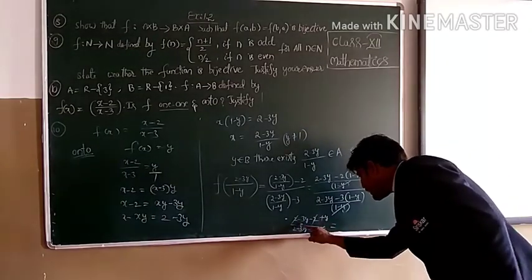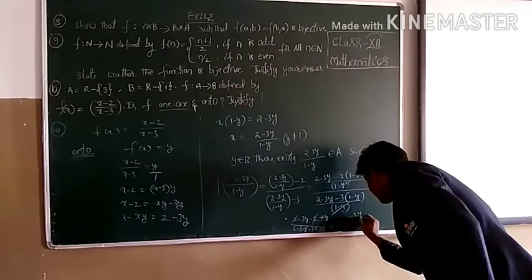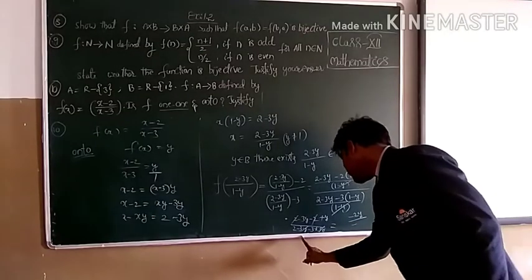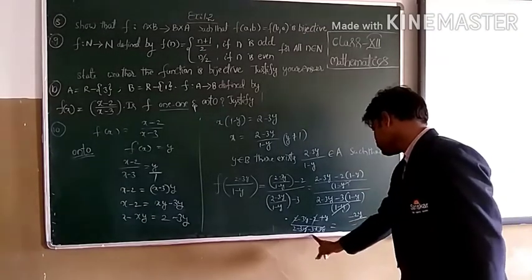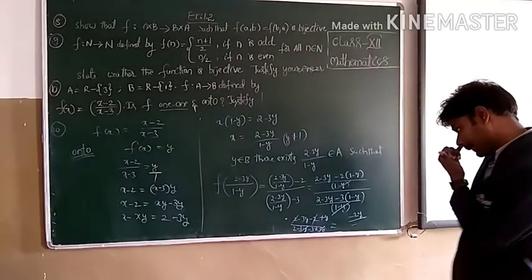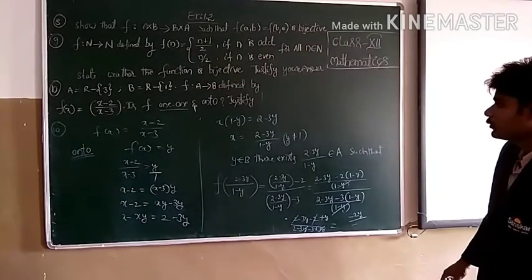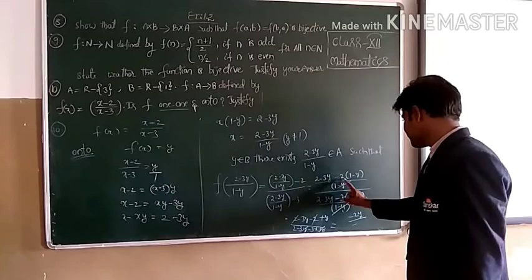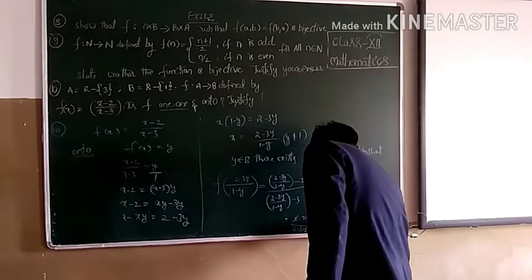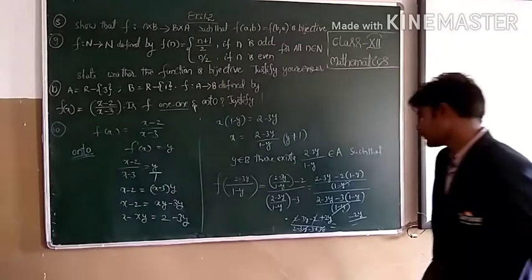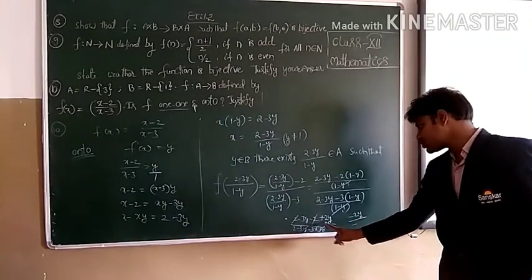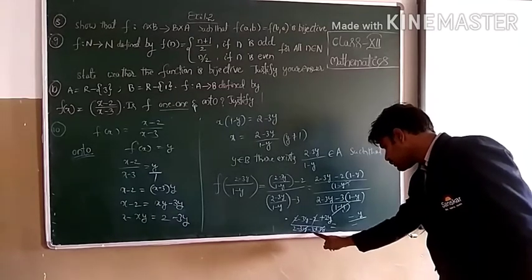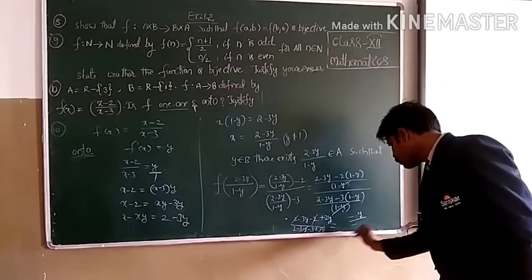Remaining we have minus 3y plus y minus 2y whole by 2 minus 3 means minus 1. Here it is plus 2y. Clear? Minus 3y and plus 2y is minus y. Next 2 minus 3y. So 2 minus 3 is equals to minus 1.